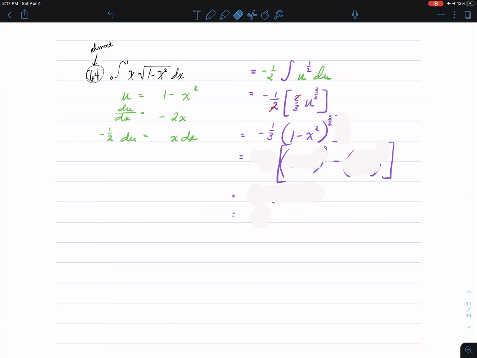Don't forget your 3/2 power. And now I'm going to evaluate from 0 to 1. So the negative 1/3 is out front. Let's plug in the 1 for all the x's. Let's plug in the 0 for all the x's, and then subtract in the middle. Evaluating that, that's going to be a negative 1/3 times the quantity 0 minus 1, which is going to be 1/3.